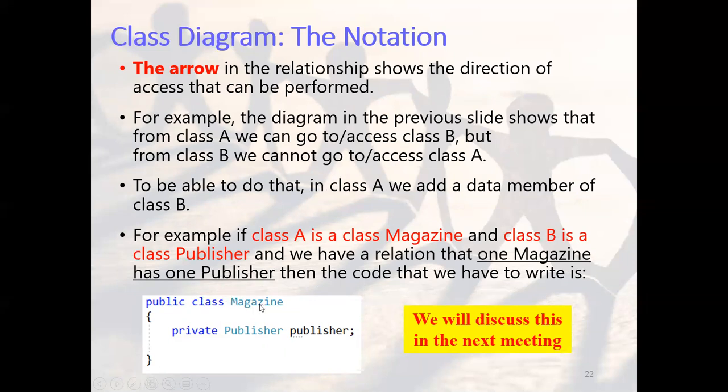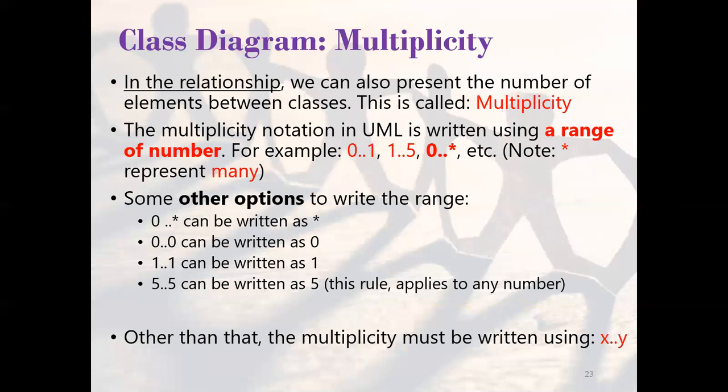Inside the class Magazine, we will have a data member Publisher. So literally it means magazine has publisher, and that's it. Easy, right? This is what it means literally. We will talk about the coding next week.